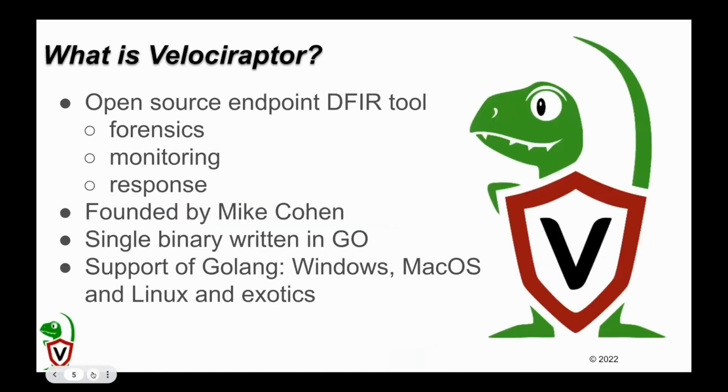So first of all, what is Velociraptor? Velociraptor is an open source DFIR tool, and the use cases that we cover are things like incident response, forensics, as well as monitoring. It was founded by Mike Cohen, and most people know Mike from the Volatility Project or GRR.